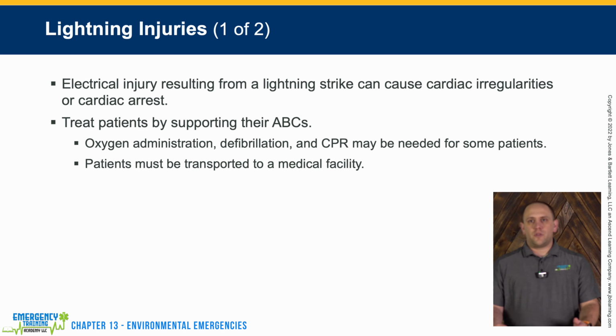So, as with all of our other patients, the first thing we want to do is assess and treat our airway, breathing, and circulation. We want to get oxygen on them. If we check a pulse and we determine they don't have one, we want to defibrillate.